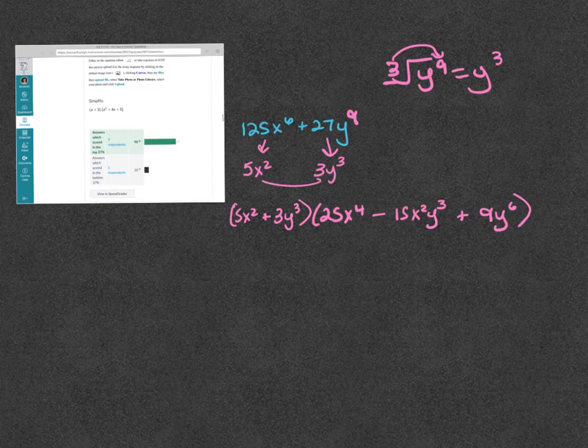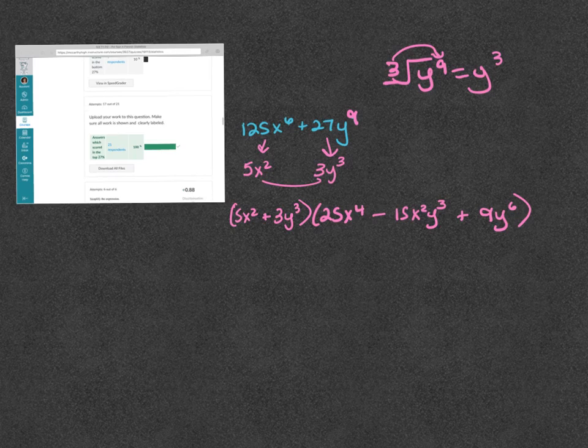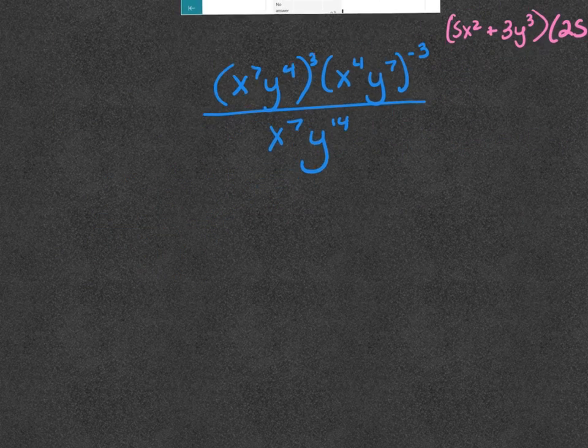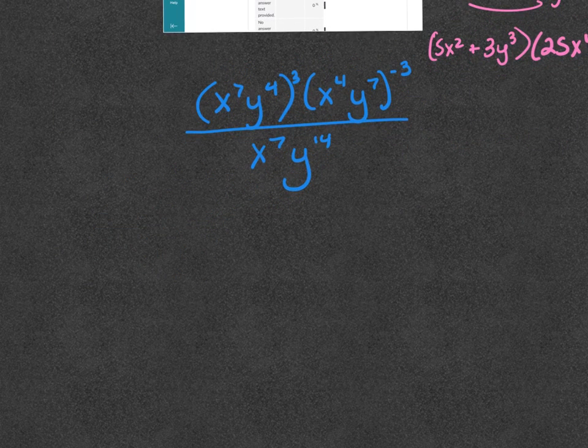Okay, then that one was good. That one was good. Here's another one. Okay, so the first thing you can do is move this entire parentheses down to the bottom because it is raised to a negative power.